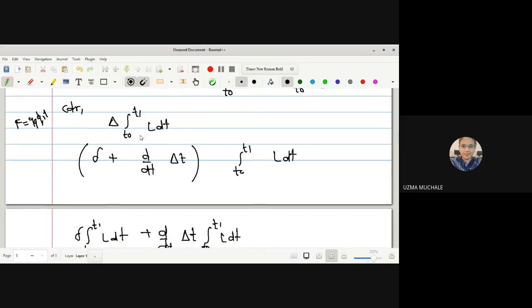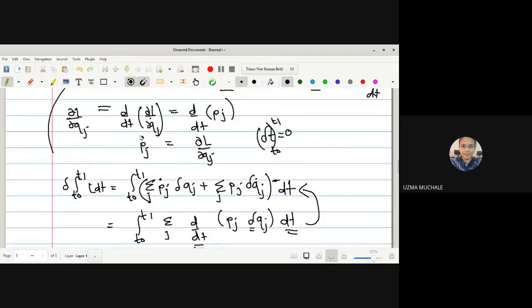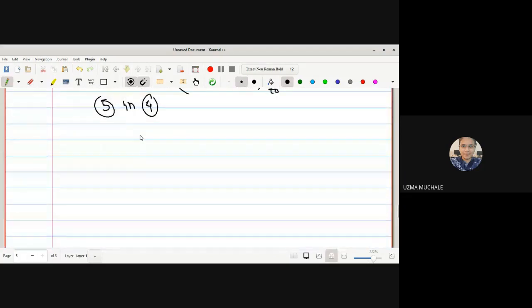Capital delta integration t naught to t1 L dt. Putting equations 4 and 5, we get capital delta integration t naught to t1 L dt.